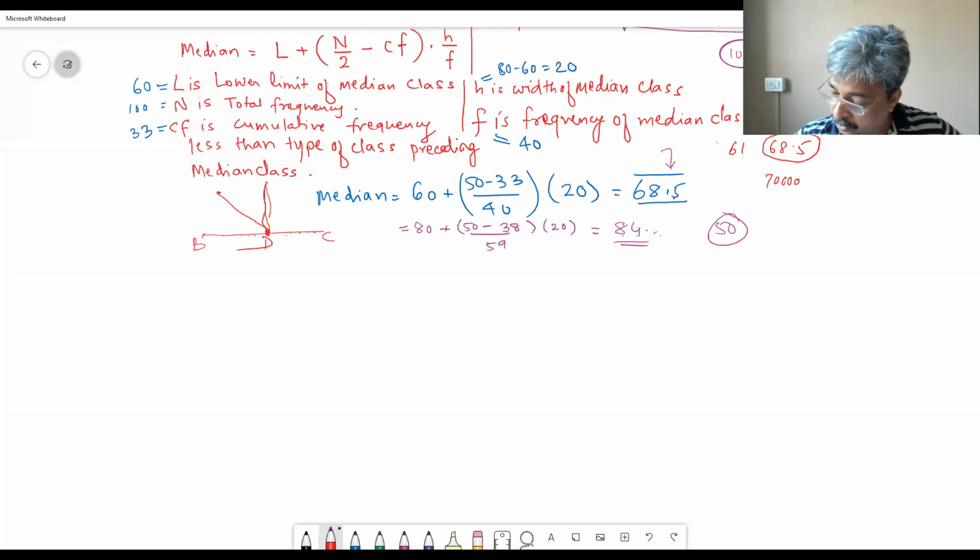Third measure of central tendency is mode.